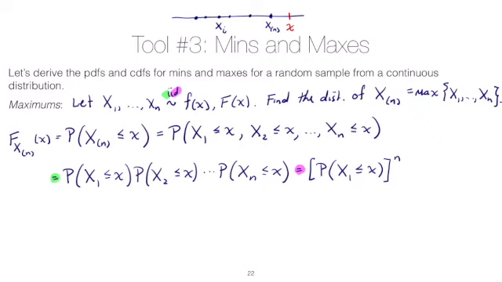So we're noticing that we have identically distributed random variables, so we can take one of the CDFs and raise it to the n. Now, of course, we have the CDF of x1 raised to the n, and that's the CDF of the max. If we wanted to find the PDF of the max, we'll call it little f of x with subscript n, that will be equal to the derivative of the CDF.